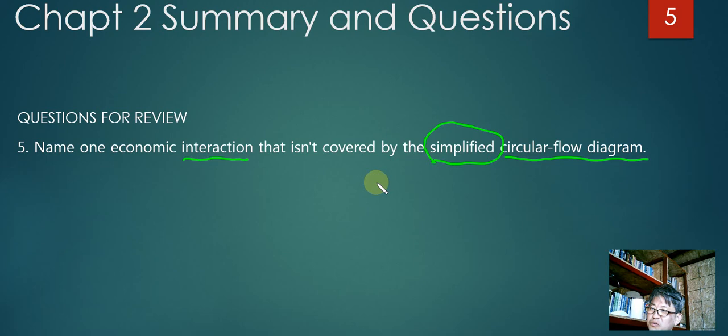I told you two entities, one firm and the other household, right? We just see the interaction between two entities. Other entities are excluded for simplicity and for easy understanding of how the economy works.